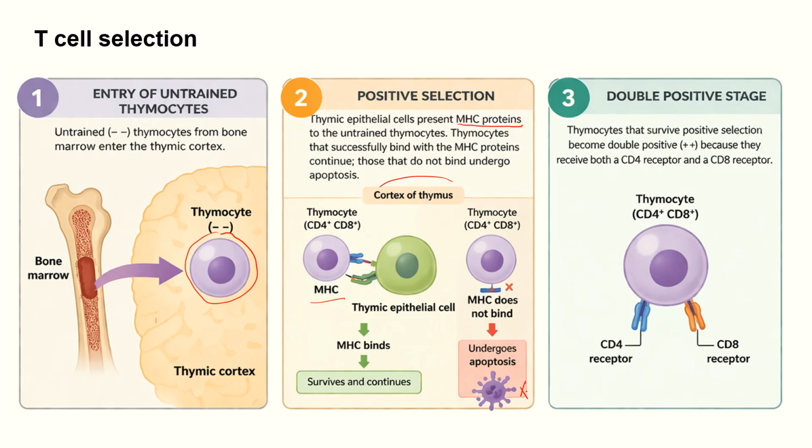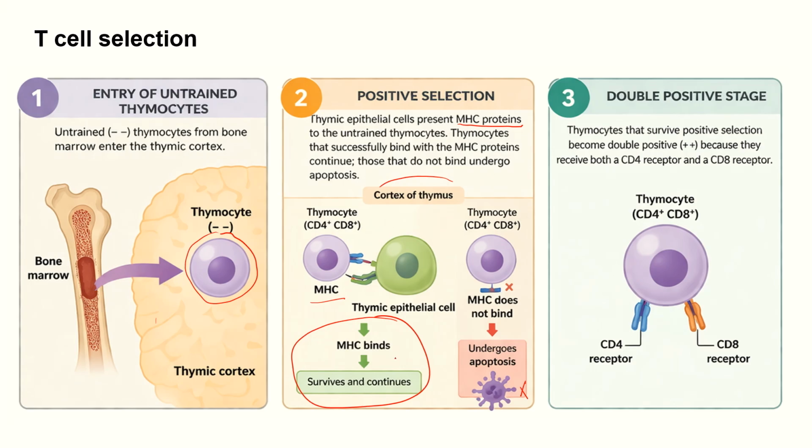That means once there is a reaction of the thymocyte to the reactive MHC, then we see the expression of the receptors. If it is not coming, then it will undergo apoptosis. Once it is binding to the MHC, only then does it go to the next step.